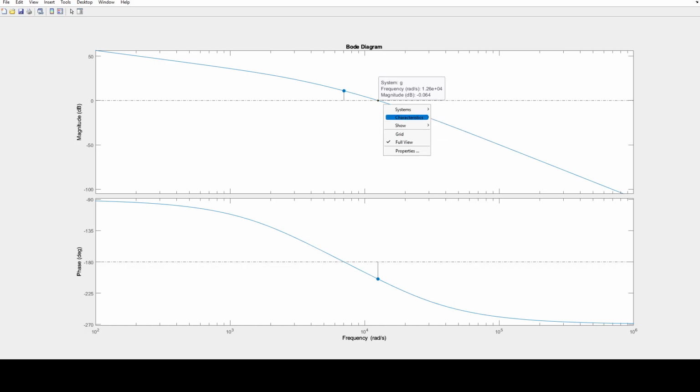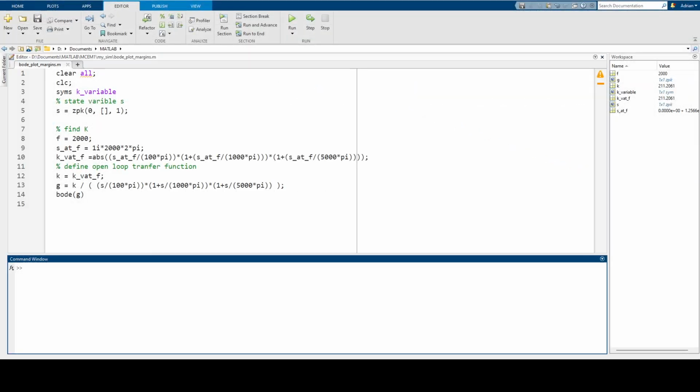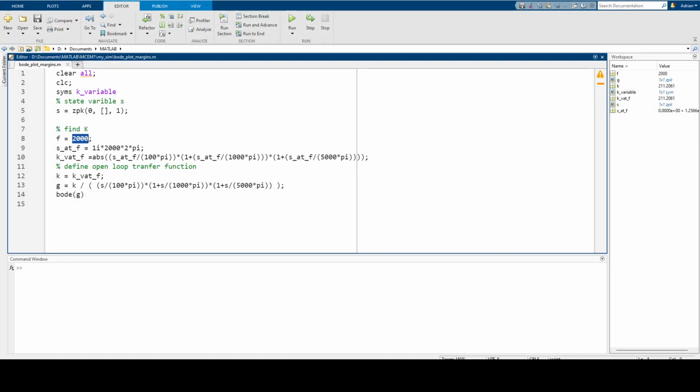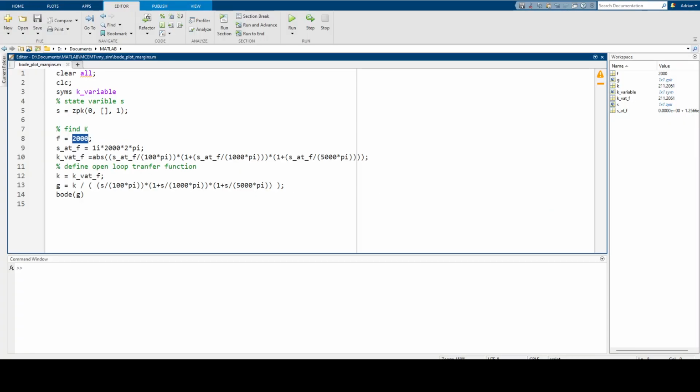In MATLAB you can also click show all the stability points, and when you click on them, it's going to tell you that it's not stable. And we could do the same for our other example of 750.